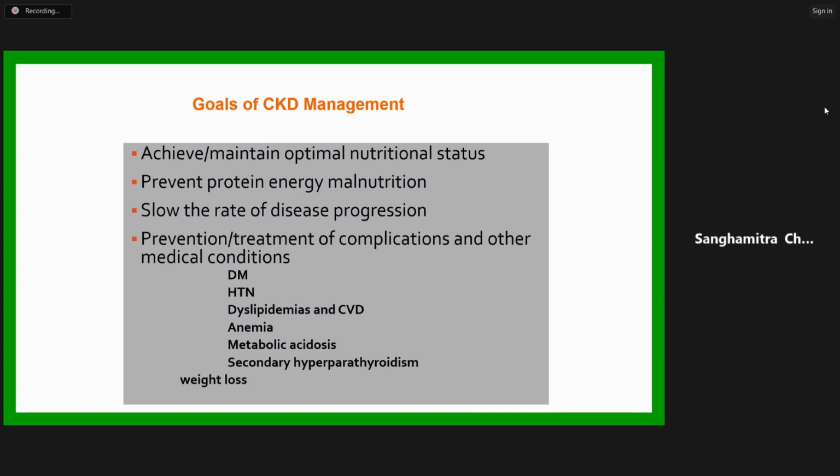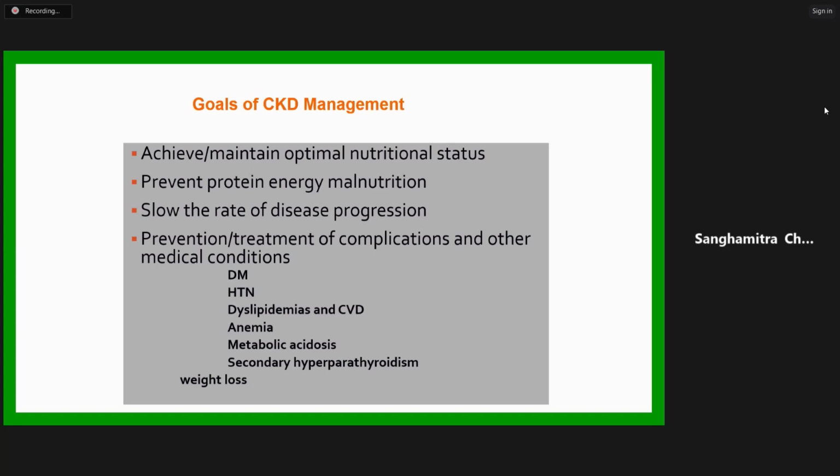We can give proteins to the patient because urea, creatinine, or even microalbuminuria is not absolutely out of hand. It is more important to keep the blood sugar under control. But we often find that the doctors, the patients, the family members are only obsessed about the protein part. So we need to educate them that prevention and treatment of complications are there in CKD. It is not just about your kidney and protein.